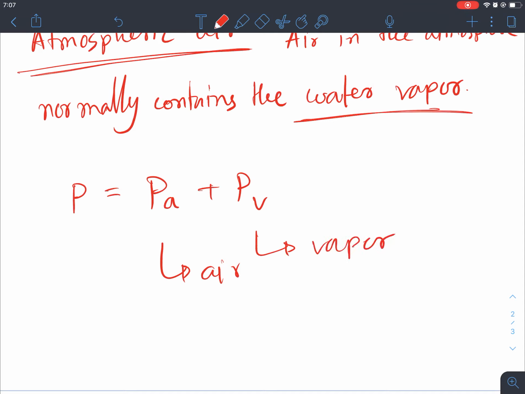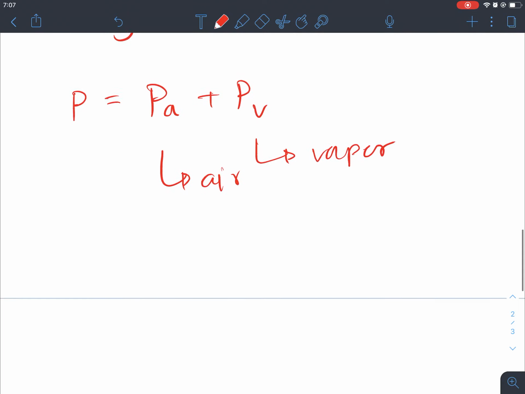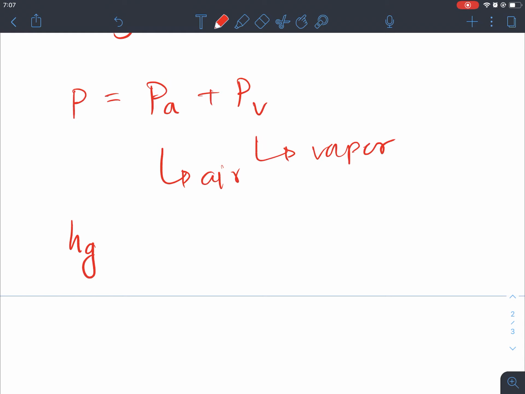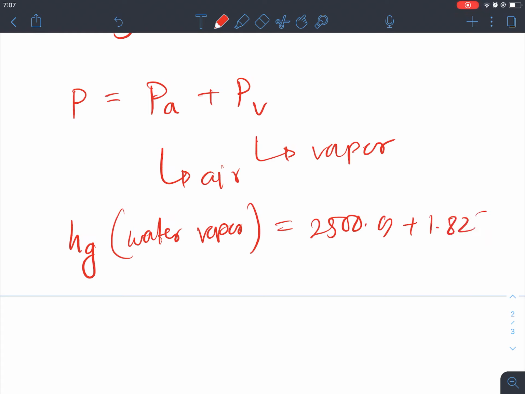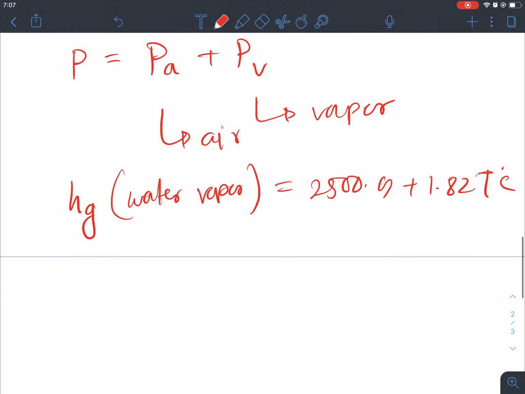Also we can define that the enthalpy of the water vapor in the atmosphere is basically 2500.9 plus 1.82 times the temperature, and this is in degrees Celsius, right?